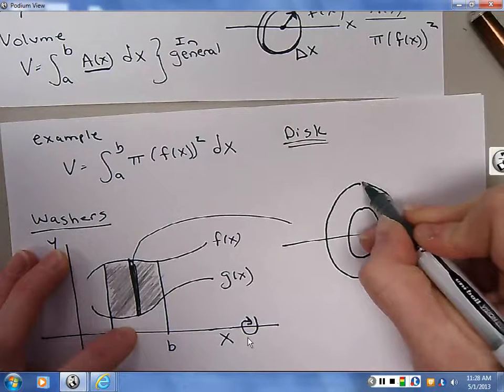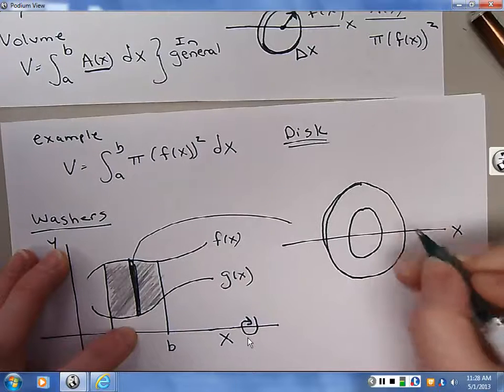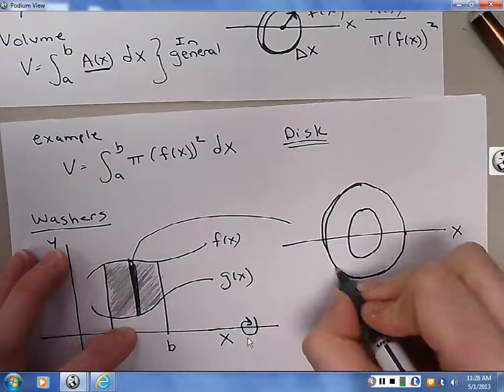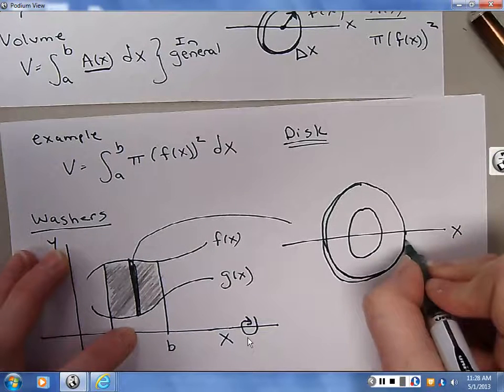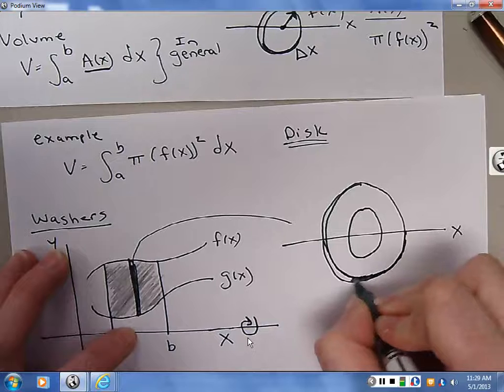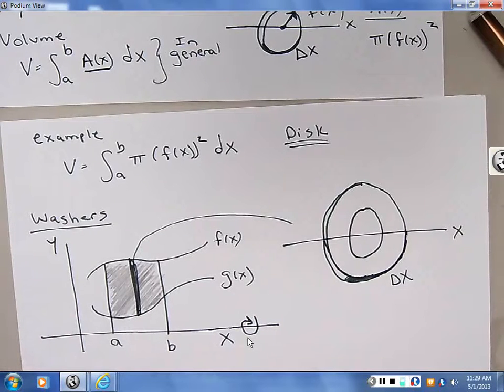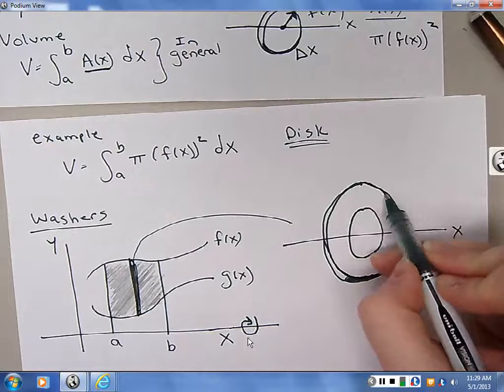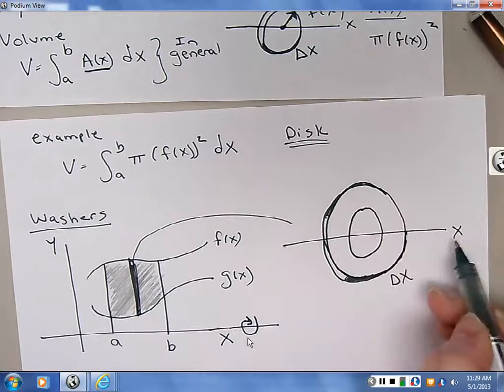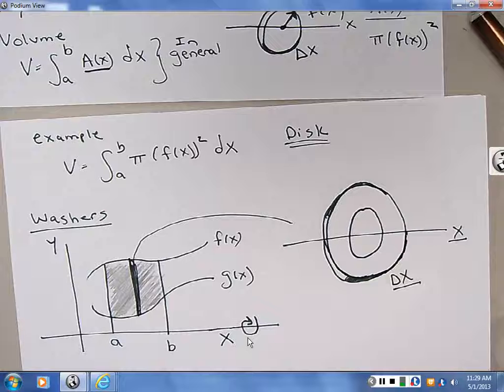And I have some differential length here on these washers because they're volumes. So this differential length would represent dx. So hopefully with repetition here, you're getting the idea that I have the x-axis, I have dx, I better have functions of x. And we'll see an example when we go to y, how sometimes reminding yourself this is important.